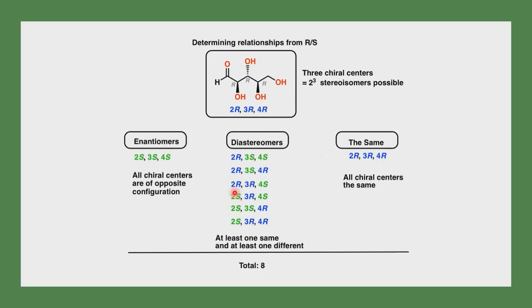And another one is that we can have 2R, 3R in the original position, and 4S will be on the opposite side, and so on and so forth. So this is the beauty of using this formula, and that is how biological molecules become abundant in our body because of these possible combinations.